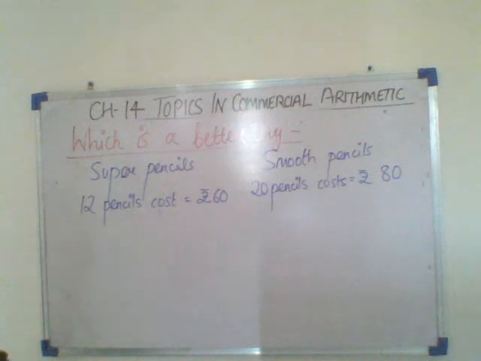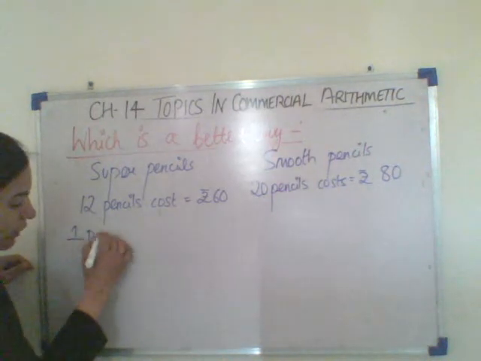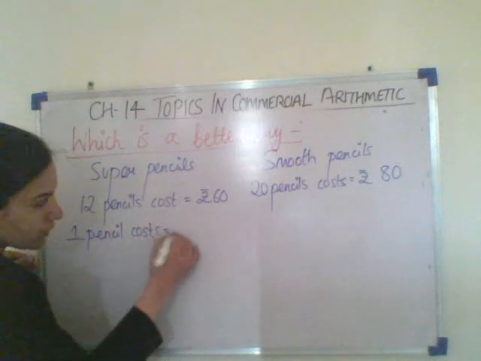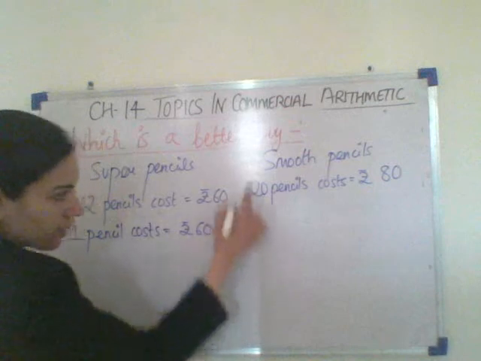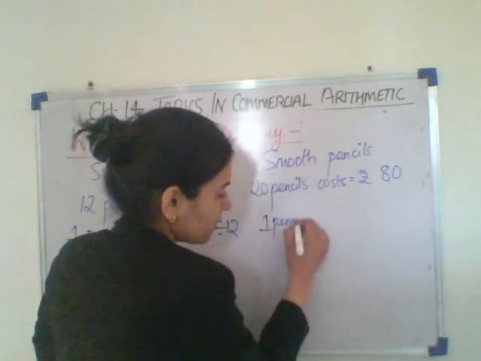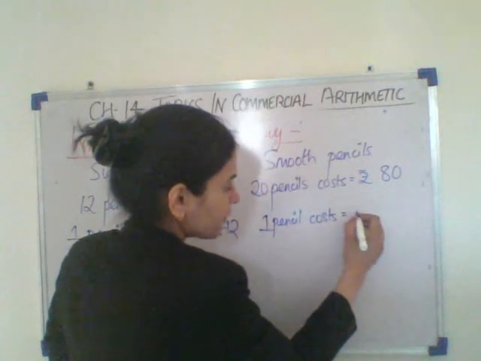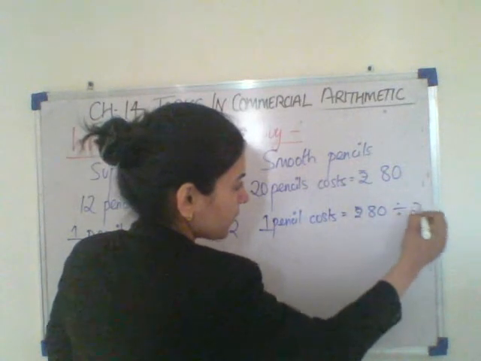So how will I find it? In order to find that, I must know the cost of one pencil. So how much will one pencil cost? Rupees 60 divided by 12. Here also, for one pencil, I will be doing rupees 80 divided by 20.